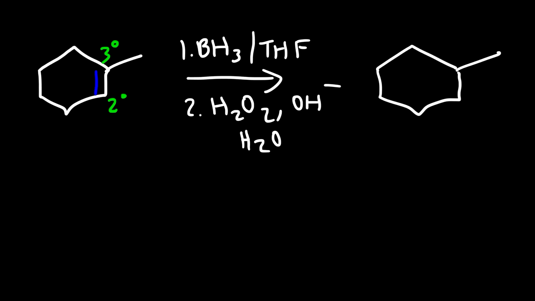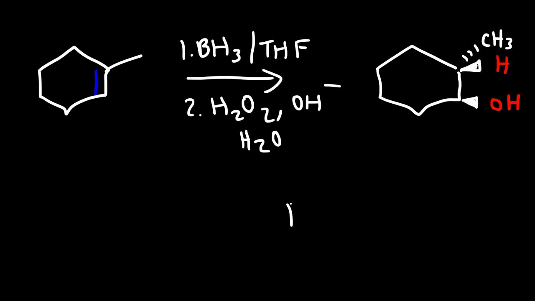Now this reaction occurs with syn stereochemistry. And so on the tertiary carbon, a hydrogen will be added, and on the secondary carbon, we're going to put the OH group. So it's going to look like this, which means the methyl group has to be in the back if the hydrogen is in the front.